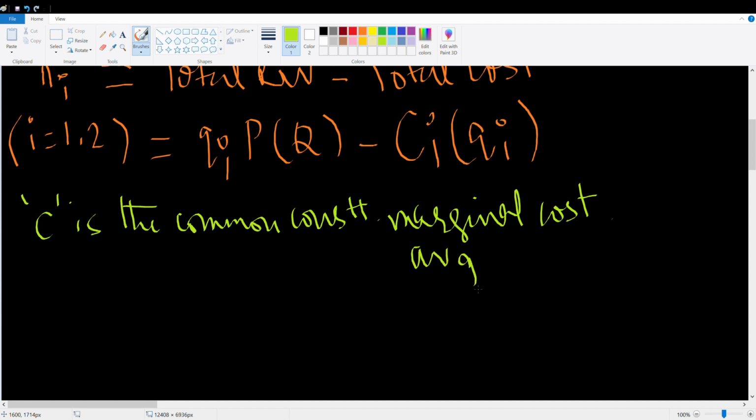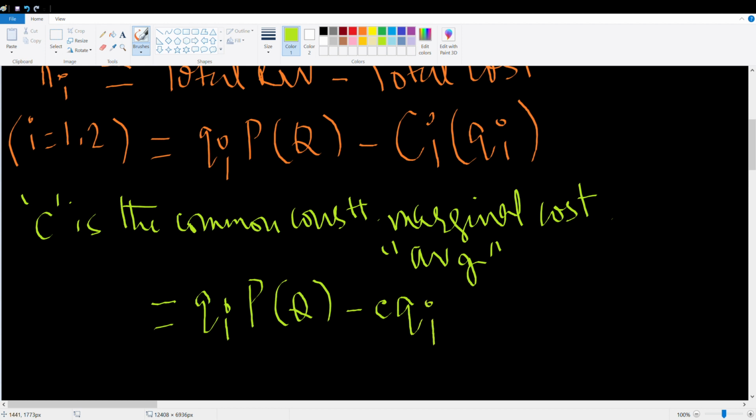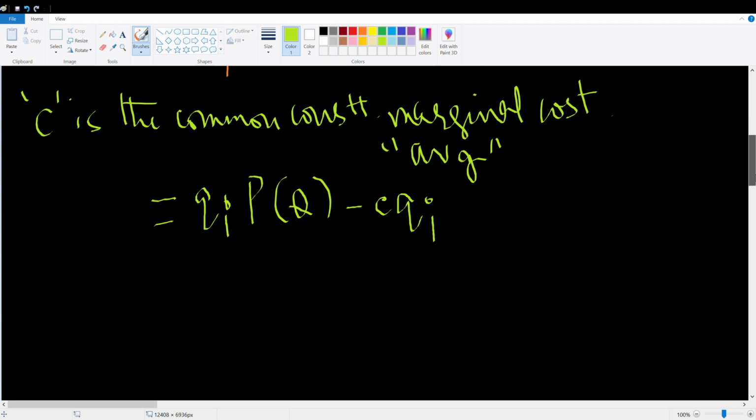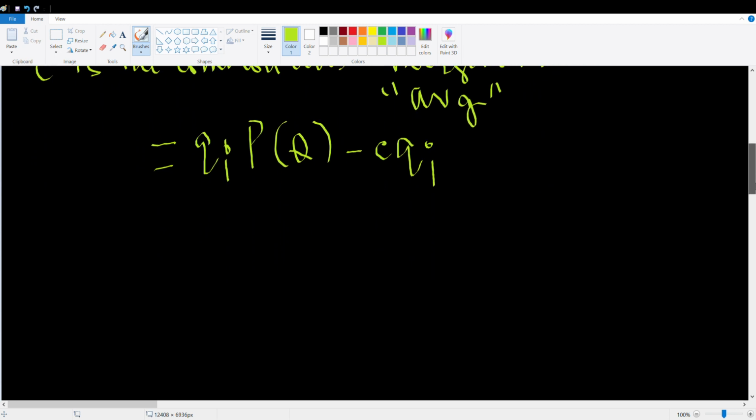Now since it is average cost too, that means in the specific example that we discussed, your profit would be given by Qi P(Q) minus c Qi. This would be your total cost of producing output Qi, right?